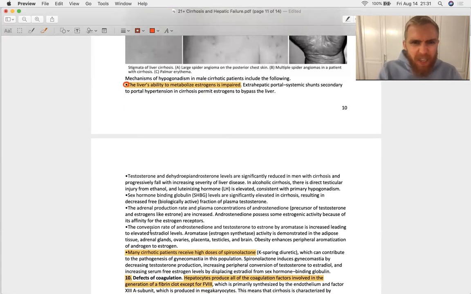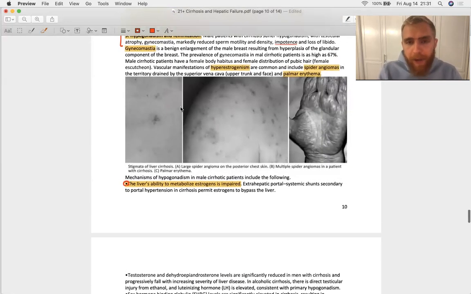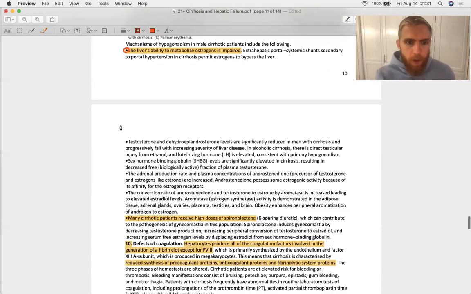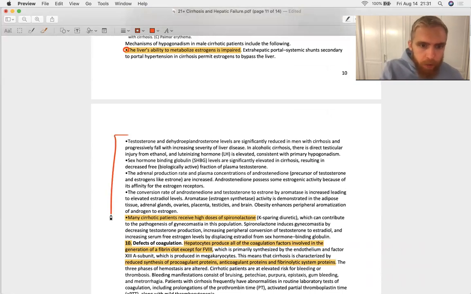So there's a lot of details here. What I would really recognize for this exam right off the bat, because there's so much in this text, is the liver's ability to metabolize estrogens is impaired in the setting of cirrhosis. And all this stuff, testosterone, dehydroepiandrosterone, sex hormone binding globulin, androstenedione, aromatase, we're going to touch on that next block, so I don't believe they'll test us on it right now.